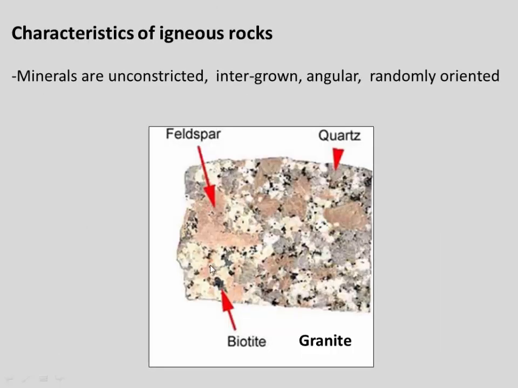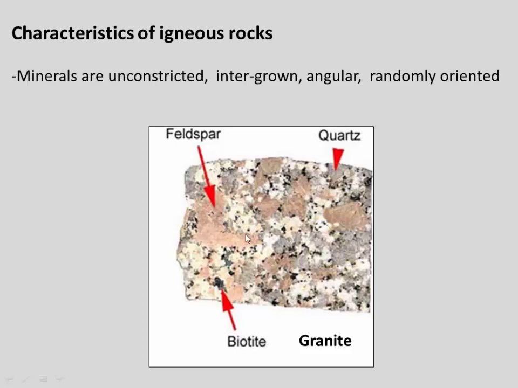And we can identify igneous rocks because they have a very characteristic relationship between the minerals within them. Specifically, they have intergrown, angular, and randomly oriented minerals. There's no layering. The minerals seem to interlock like a jigsaw puzzle.